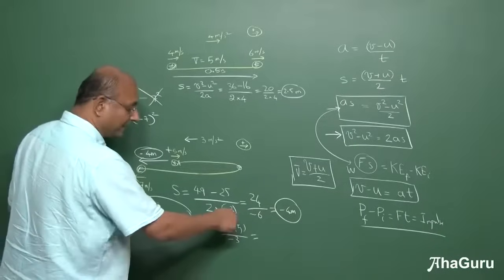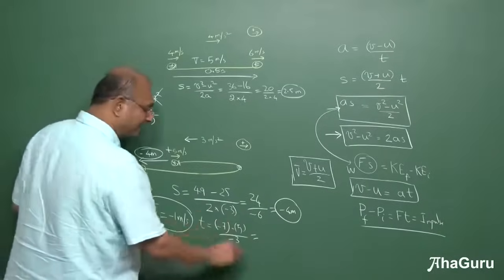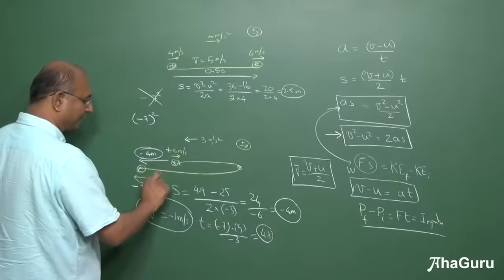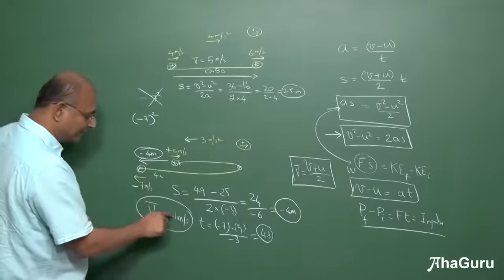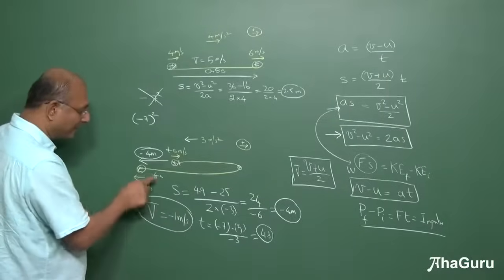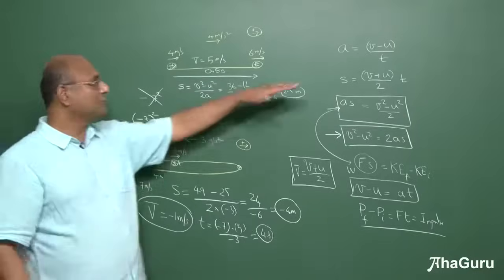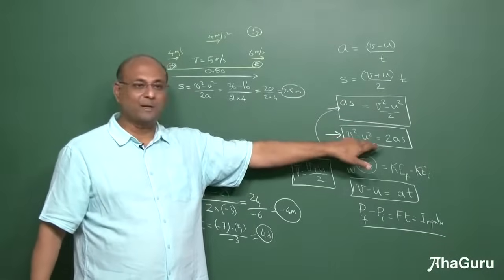Minus 12 by minus 3, 12 by 3 is 4 seconds. So it takes 4 seconds for this to happen. 4 seconds into minus 1 meter per second, minus 4 meters. Is that clear?